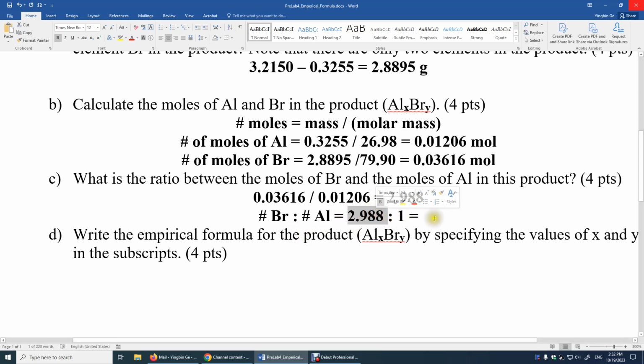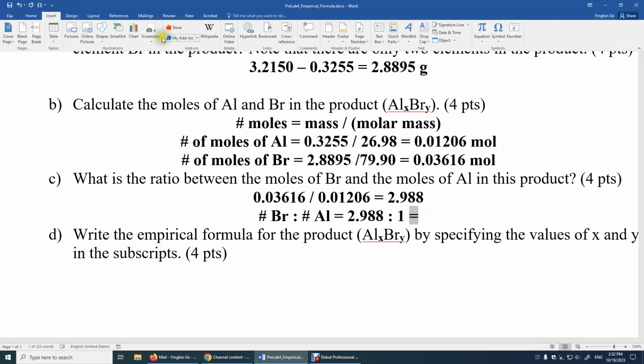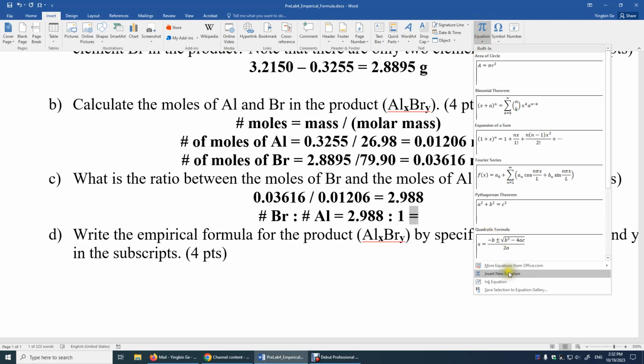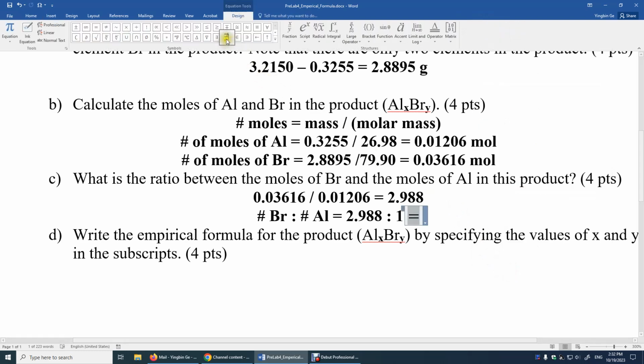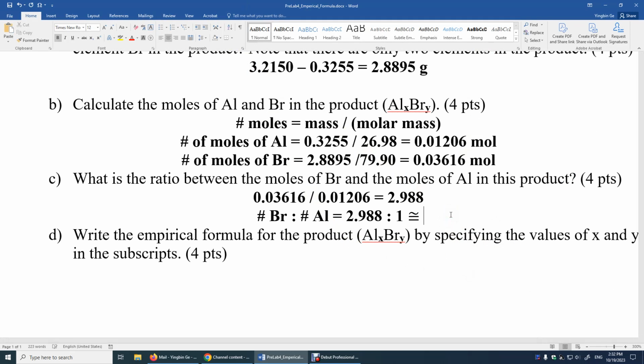We need to have an integer number of atoms. So I'm going to use approximation here. 2.988 is approximately 3. So we have this ratio.